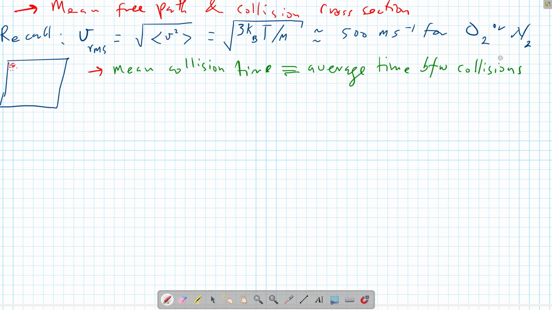If I know the average time between collisions, and I multiply that by the average speed, then one can compute the average free path for the molecules. So our first target is to be able to compute the mean collision time.